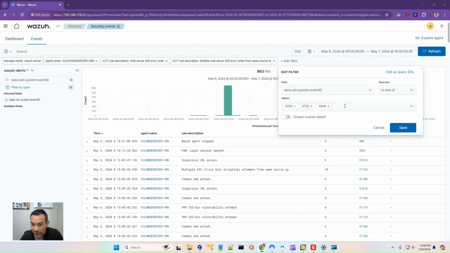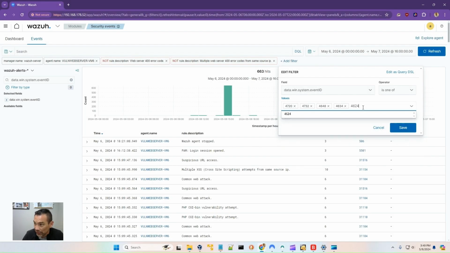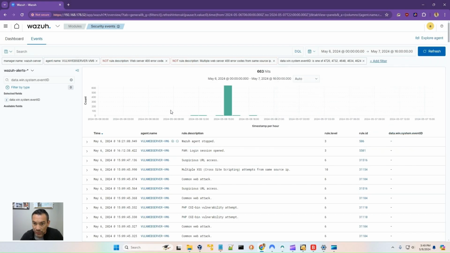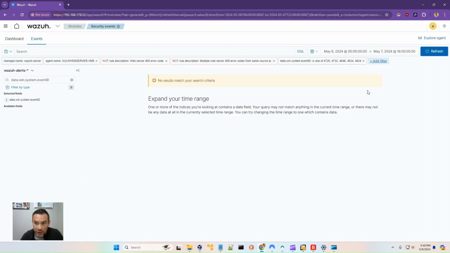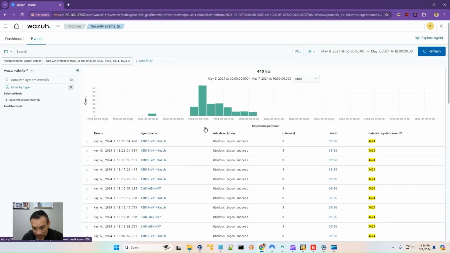We'll do a 4634 because I know from my previous experience that sometimes, if a password is guessed correctly and it's a script, they'll log on and log right back off really quickly. 4624, because that's a successful logon. And the answer is no. So that's good. I feel confident there were no logins.